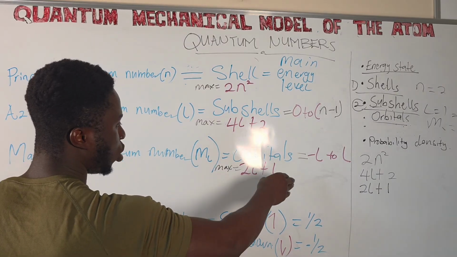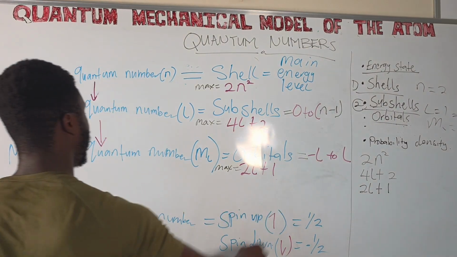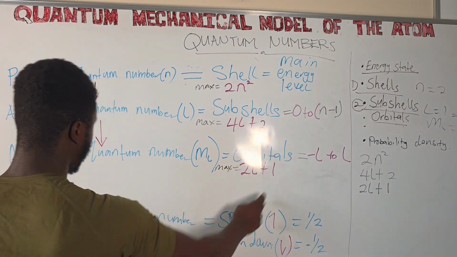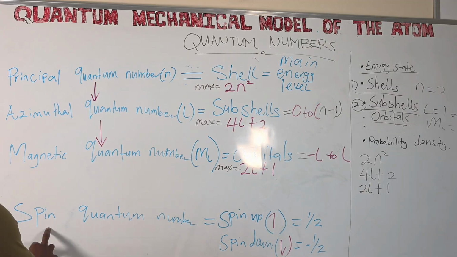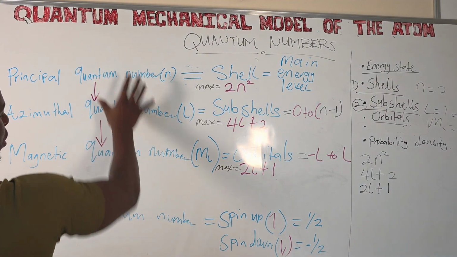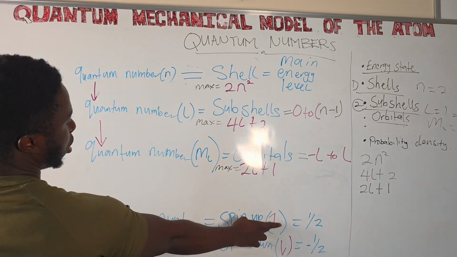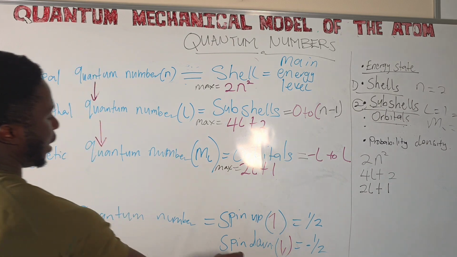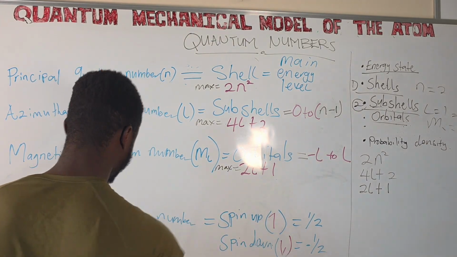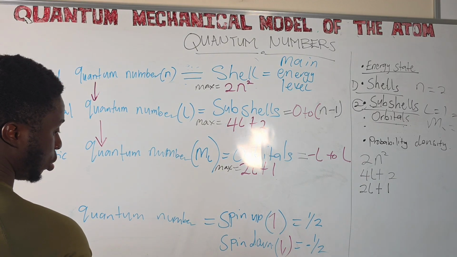So from negative L to positive L. And what is the maximum number that it can hold? 2L plus 1. Then last but not least, we have the spin quantum number, which is just 2. It does not depend on any of these, right? So we either spin up or spin down. Spinning up is demarcated by half, and spinning down is negative half. So that is all for the quantum numbers.